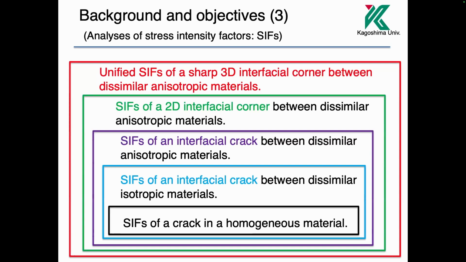This definition also includes the stress intensity factors for a two-dimensional interfacial corner. And also it includes the interfacial crack between dissimilar isotropic materials and also between dissimilar anisotropic materials. And it includes the stress intensity factors of the crack in homogeneous materials, so the usual crack.